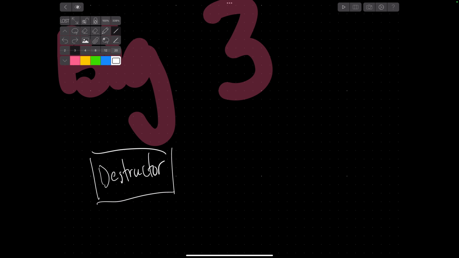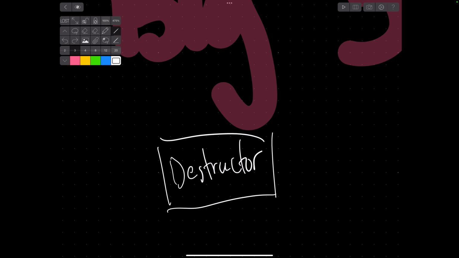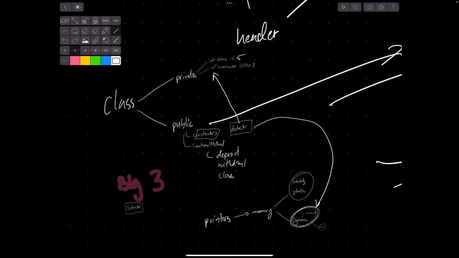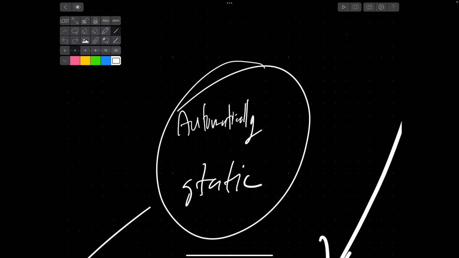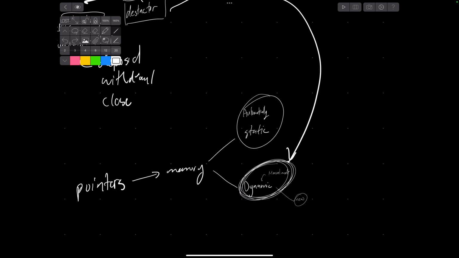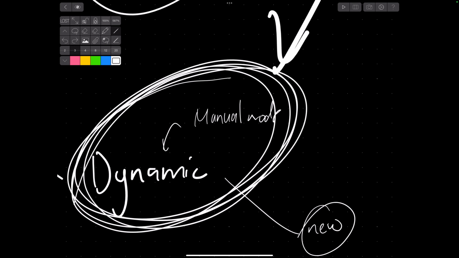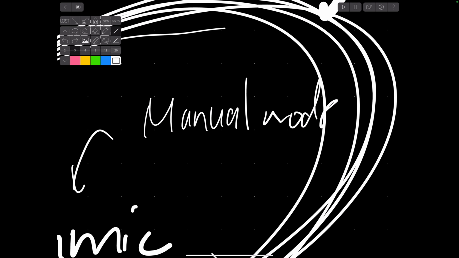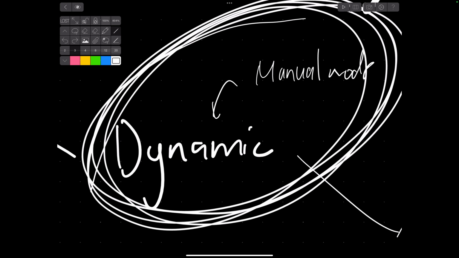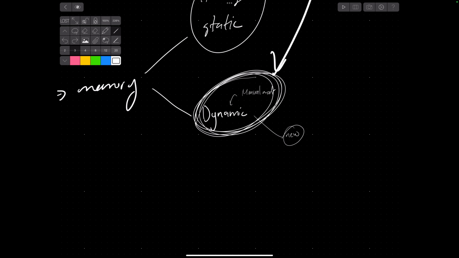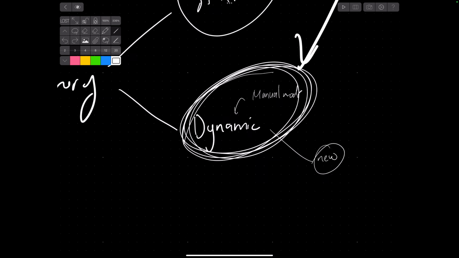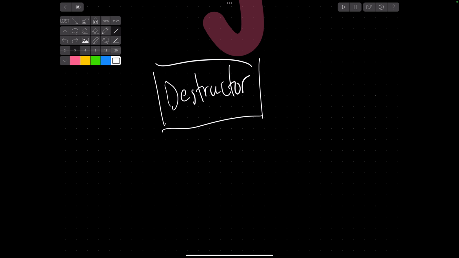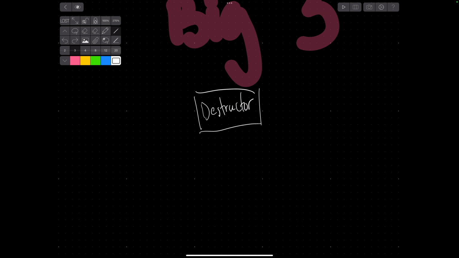And the only reason we have to worry about this is because classes by default automatically take care of the static memory for us, but they do not take care of the dynamic memory, which is all manual. So we have to take care of the dynamic memory. Things we have to watch out for are to make sure that our destructor works properly.